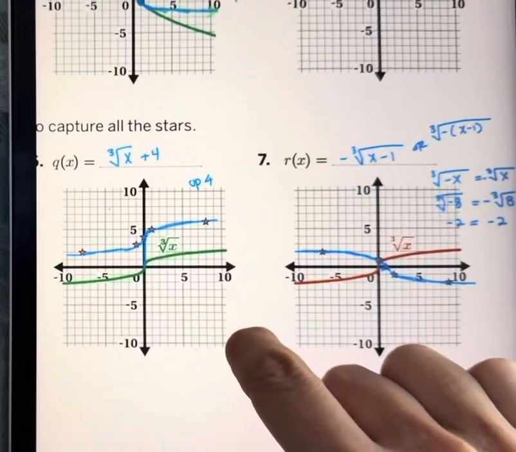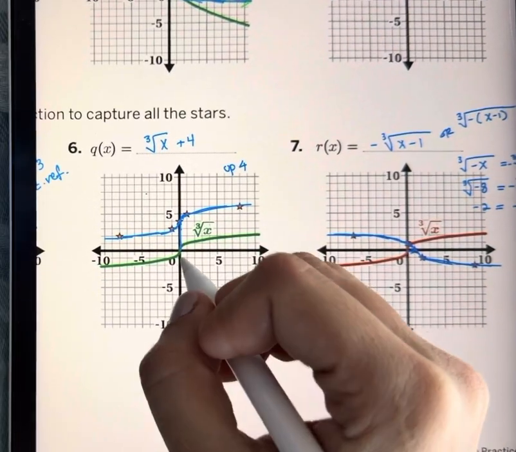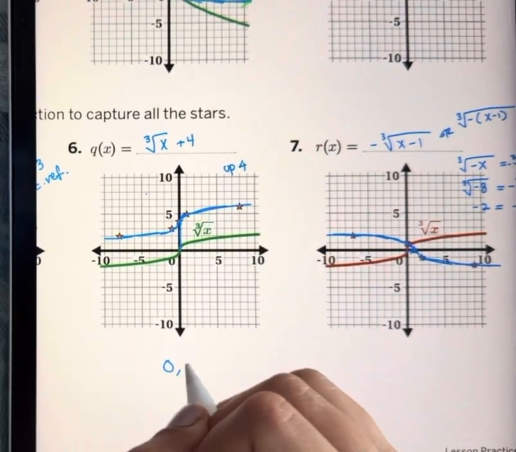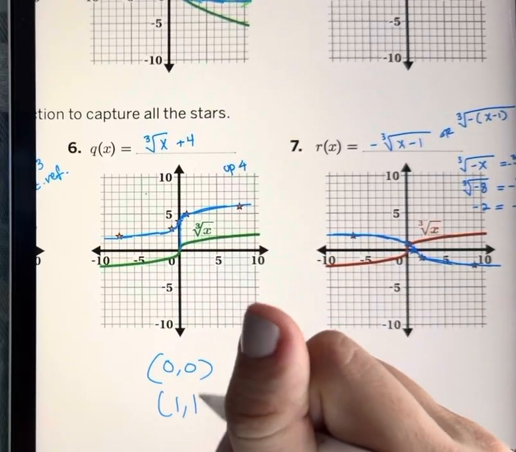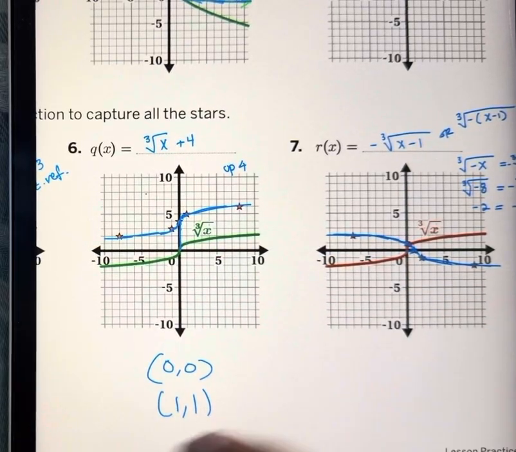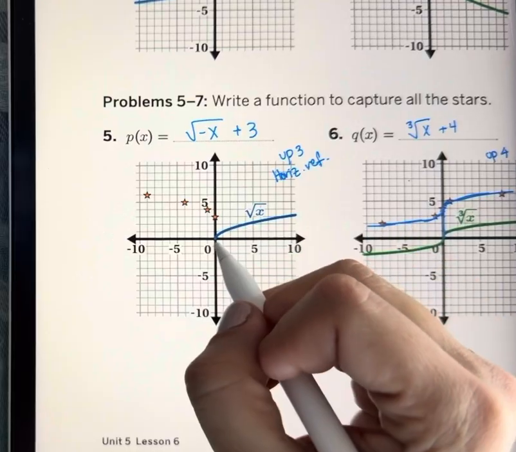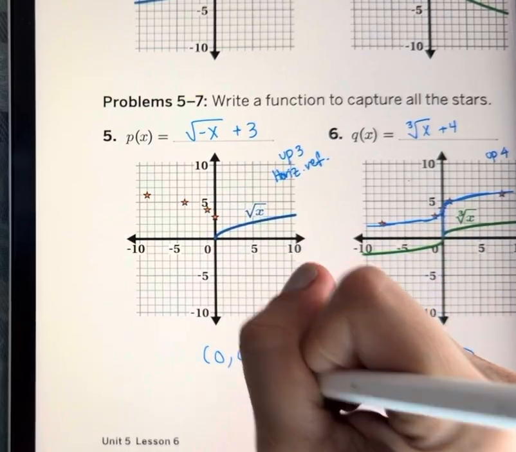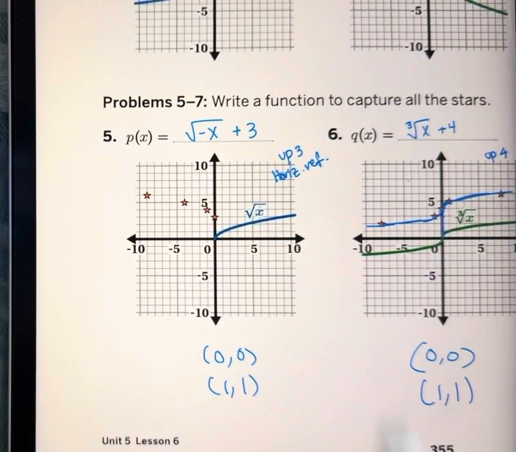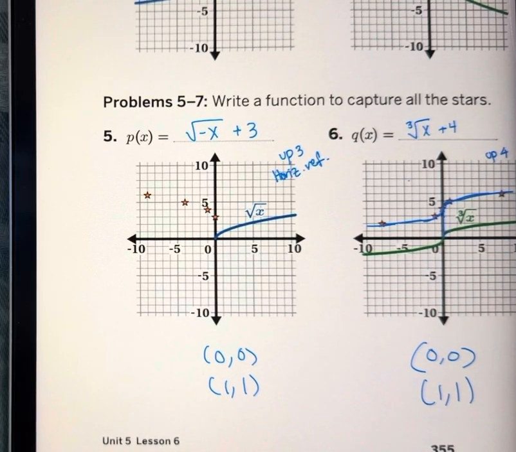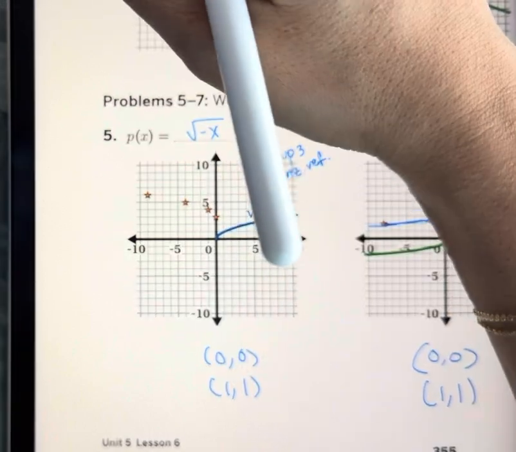Look at this cube root function starting at 0, 0, and then going up 1 over 1 to 1, 1. And then look at the square root function starting at 0, 0, and then going up 1 over 1 to 1, 1. These first 2 points are the same. It's the only ones that are the same. However, they are the same.